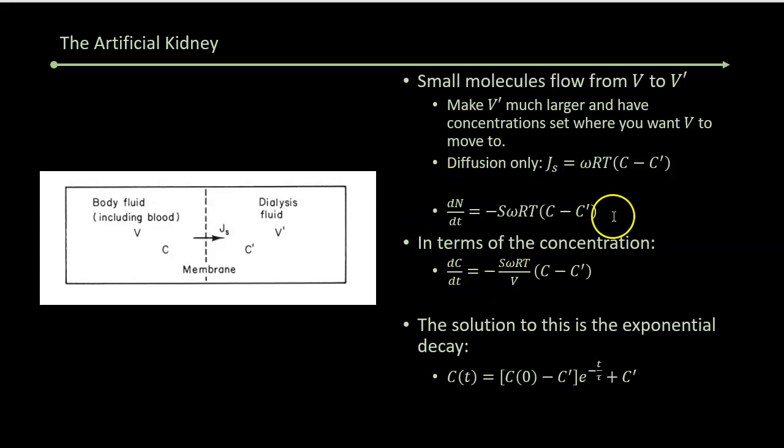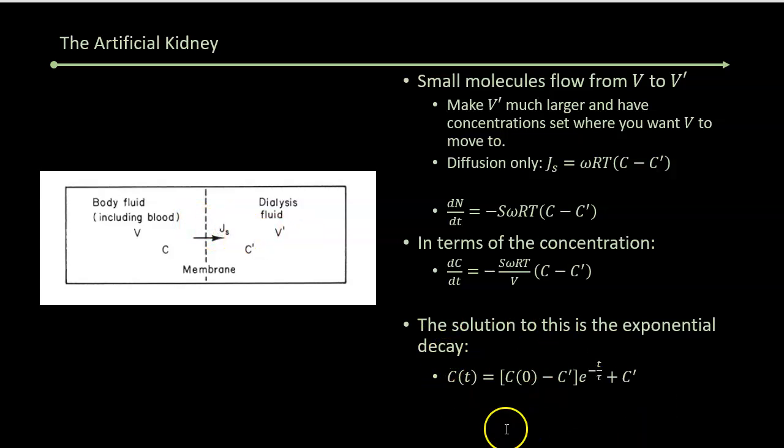If we look at this in terms of all the concentrations, you get an exponential decay solution to this problem. Over time, the decay from the body fluid to the target will occur exponentially.